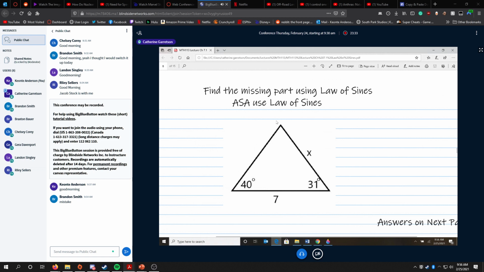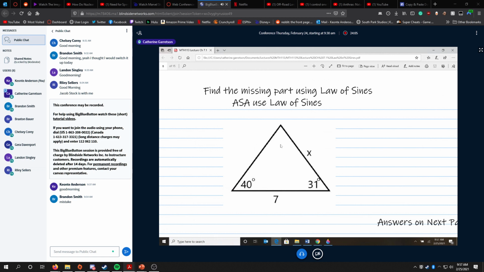And notice this is actually going to be a two-step process. I'll give you a little hint about law of sines. Most of the time, you're going to be given two of the interior angles. Occasionally, you're not going to need to know the other interior angle, but most of the time, you're going to need to find the other interior angle.